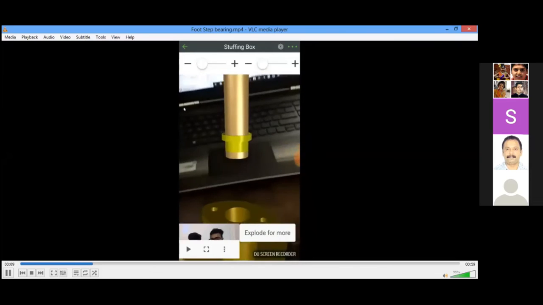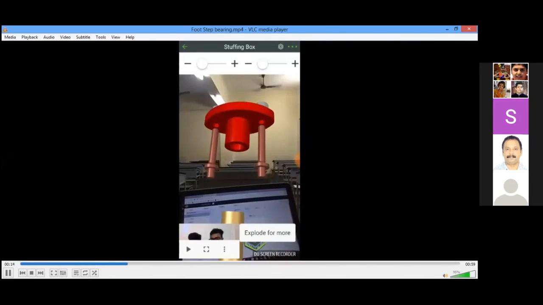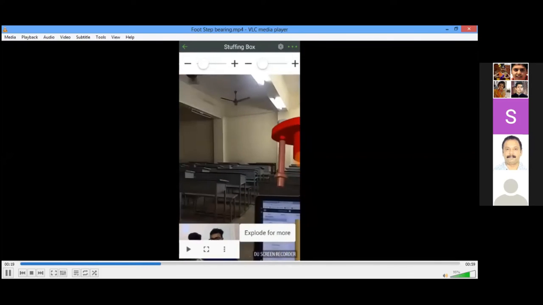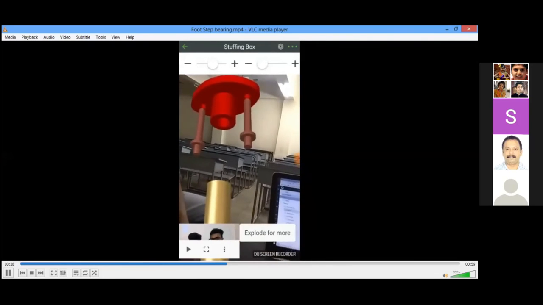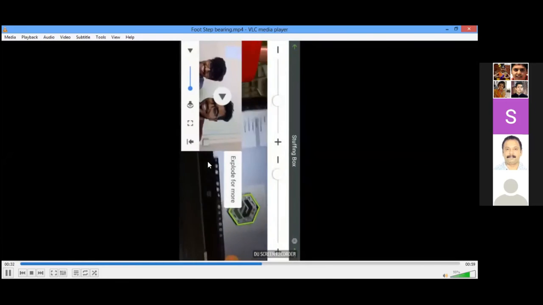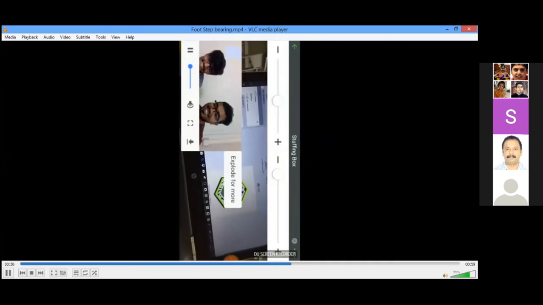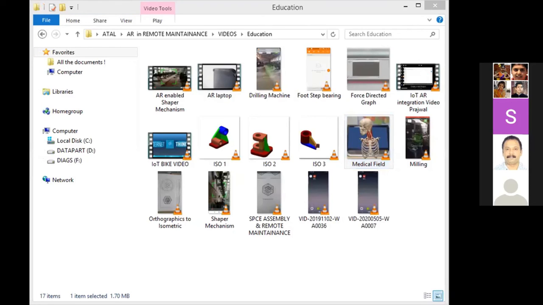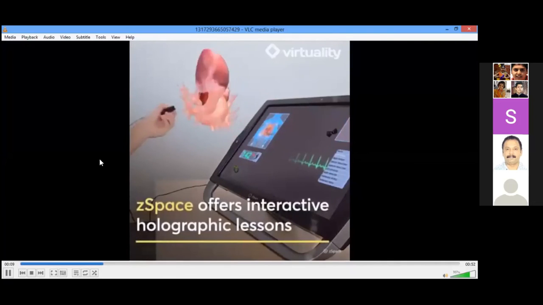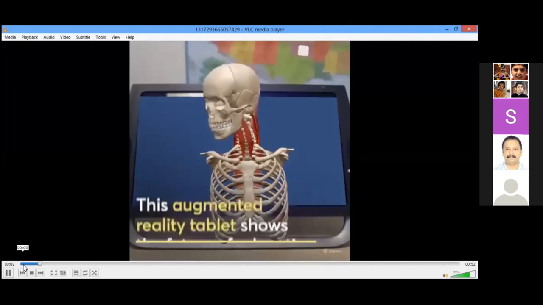See in the classroom how the students are visualizing this AR experience, the overlay of 3D models in the real world. So you can see how the medical sector is utilizing this.